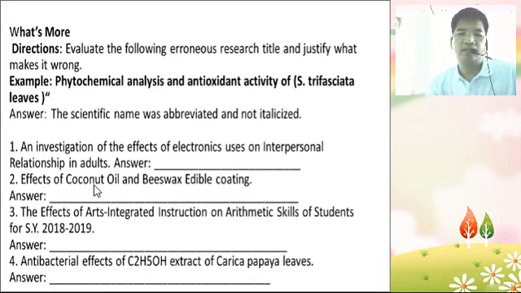Because it was said earlier that the first letter of the last word should be capitalized. And I think there is no sense with this title. What is the effect of coconut oil and beeswax edible coating? What is its effect for? Para saan ba ang effect nito? Parang incomplete ang kanyang thought or meaning.